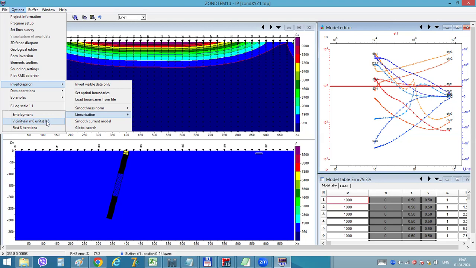What does it mean? It means that we will not have so big steps on the first iteration. It will be a kind of average. Why? Because we took three models: from above the current model, from below the current model, and the current model.